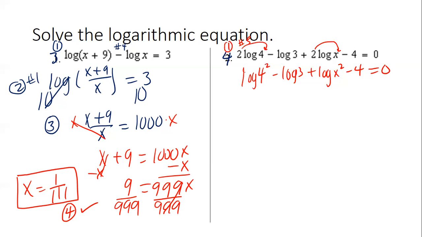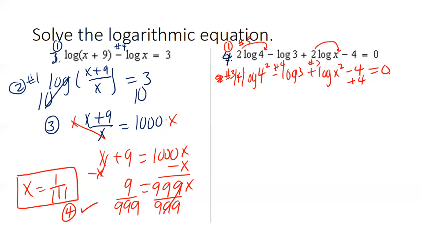Okay, my job is to combine them into one log. When you're condensing, you want to work from left to right. Does that make sense? So from left to right, I have 4 squared minus 3. In terms of log, I'm going to use properties number 3 and number 4. Number 4 is for subtraction. Number 3 is for addition. This guy right here needs to go away because does he even have a log?